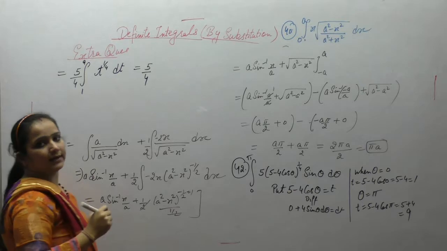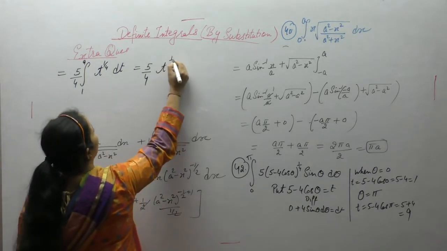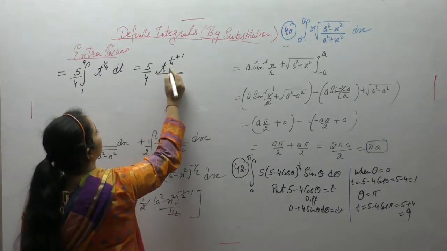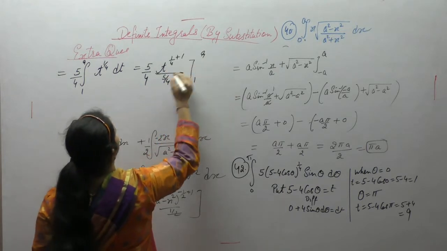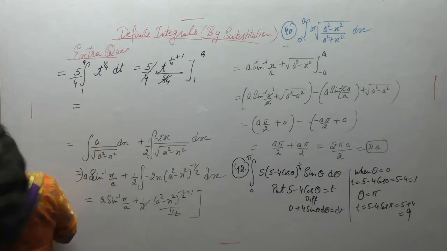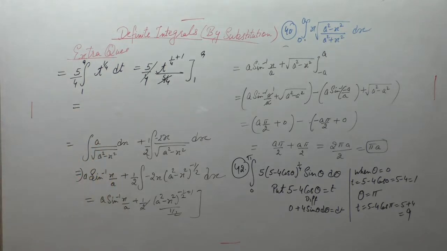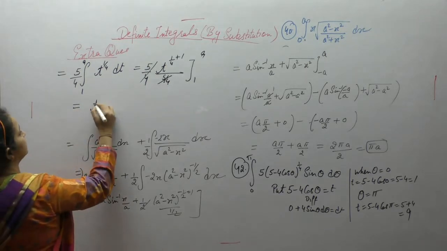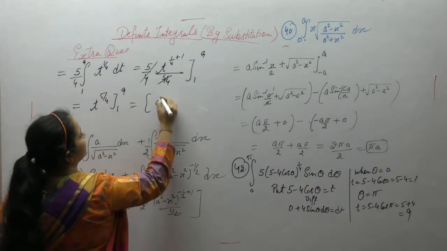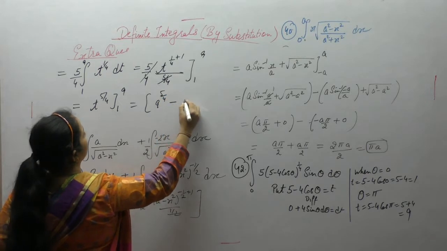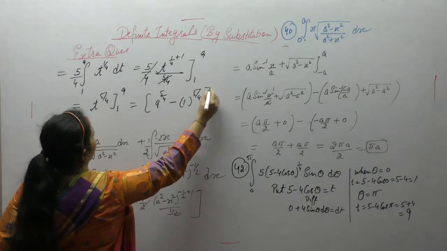X power n, integral of this is x power n plus 1, 1 by 4 plus 1, 5 by 4. T power 5 by 4, limit is 1 to 9. 9 power 5 by 4 minus 1 power 5 by 4.